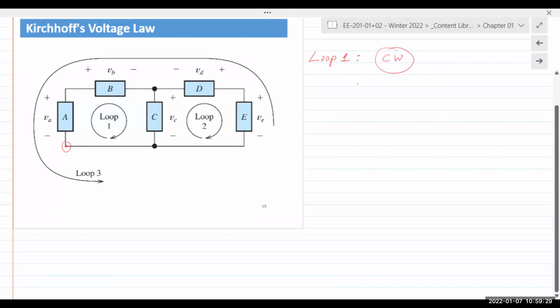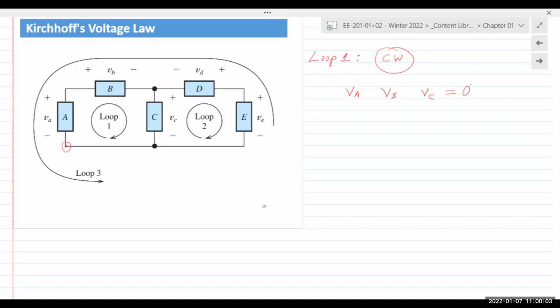So I have 3 voltages in loop 1. Starting at the bottom left corner, I have VA, I have VB, and I have VC, and they should all sum up to 0. VA, VB, and VC should all sum up to 0. Now, the way I would add or subtract the voltages is I would go around adding the voltages in a clockwise manner, and I would enter the sign as the first polarity that I encounter for that particular voltage.